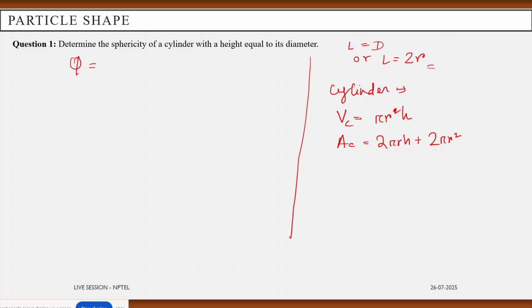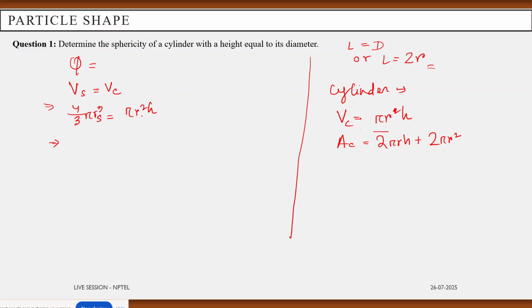So in terms of the radius, the volume of the sphere is equated to the volume of the cylinder. That means 4 by 3 pi r cube in terms of radius, and for the cylinder we already calculated pi r square h.